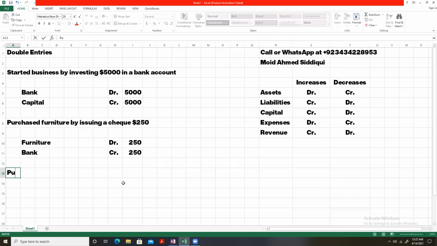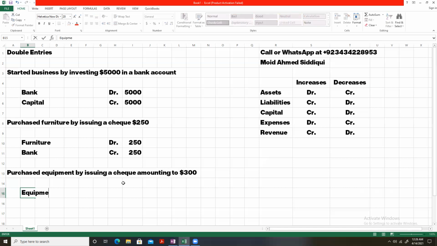Moving forward, let's suppose we further purchase an equipment for our business by issuing a check amounting to, let's say, $300.